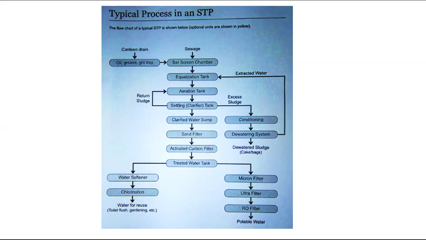After this filter, this water will go into the clear water sump. The rejected water in the clarifier will go as return sludge into the aeration tank only. It will not go forward. It will return to the aeration tank. Here again the same process will happen.